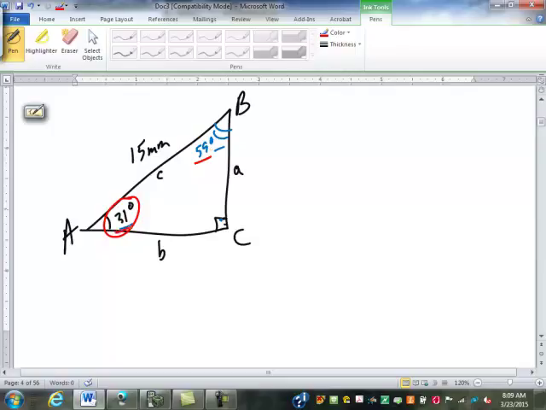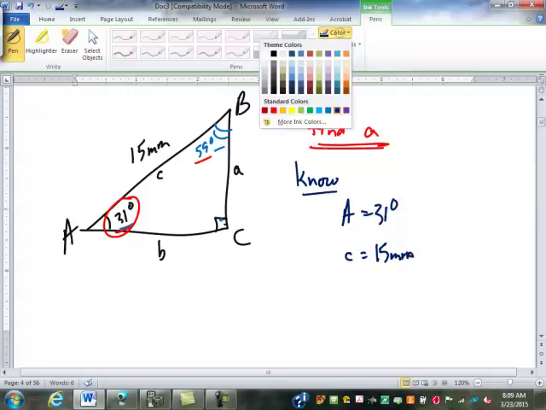You didn't make any mistakes on it. So the 31 degrees is what we're going to use. If I want to find side A, well, information I have or what I know: angle A is 31 degrees, and I know side little c is 15 millimeters.